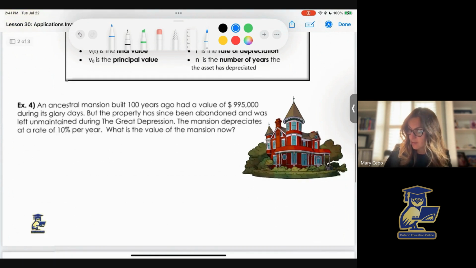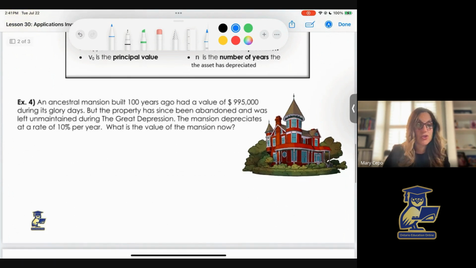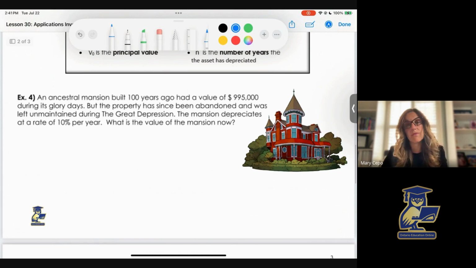So looking at example 4, we have an ancestral mansion built 100 years ago that had a value of $995,000 during its glory days, but the property has since been abandoned and was left unmaintained during the Great Depression. The mansion depreciates at a rate of 10% per year. What is the value of the mansion now?